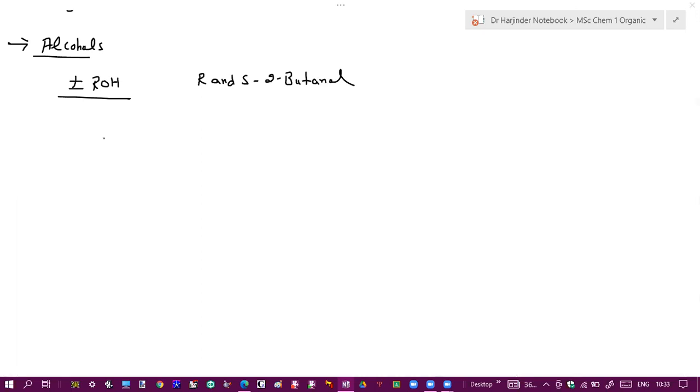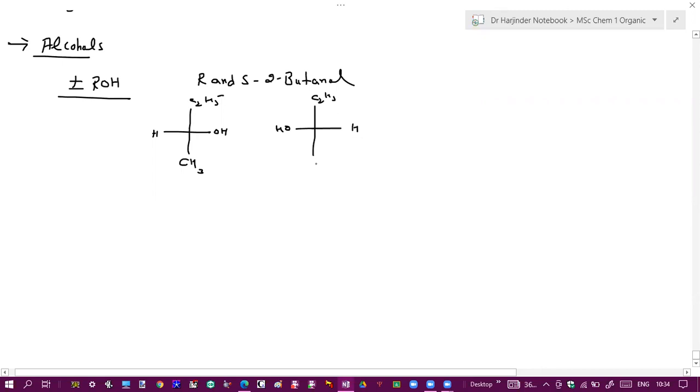Now R and S 2-butanol means you have CH3, C2H5, H, OH. So this is one enantiomer, and another enantiomer will be its mirror image. So what will you do in this case, how can you resolve them?